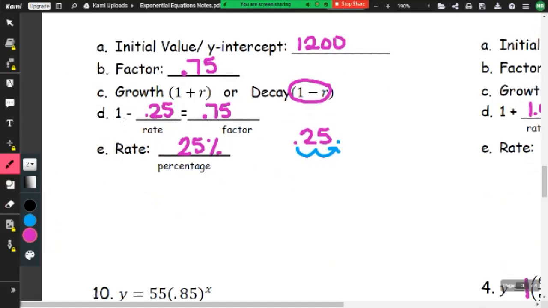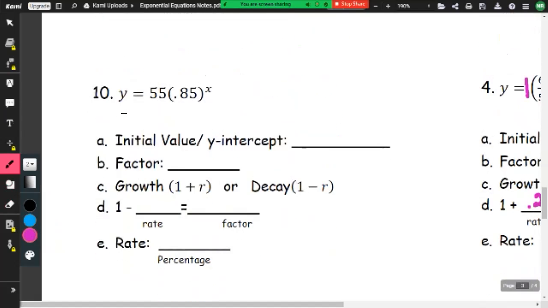Questions, concerns? All right, number 10, what's the initial value? 55. What is my factor? And do we have growth or decay? Decay. If I have $1, what did I spend to get to 85 cents? 15.